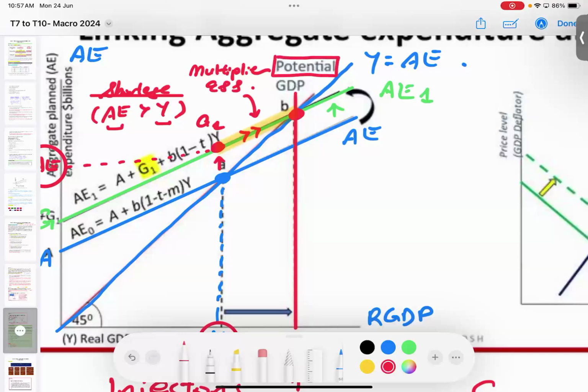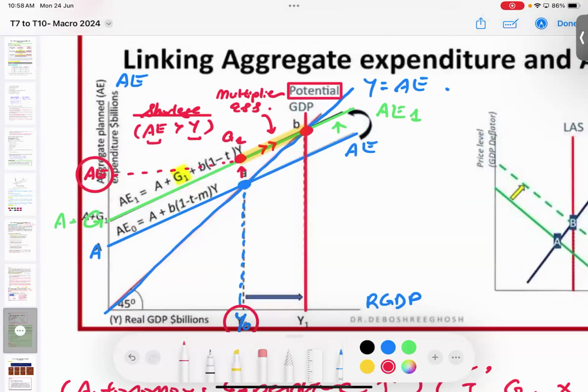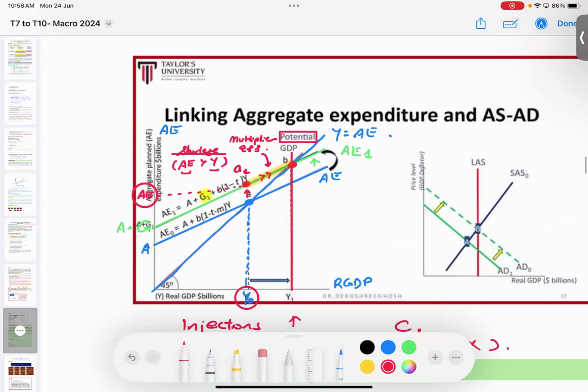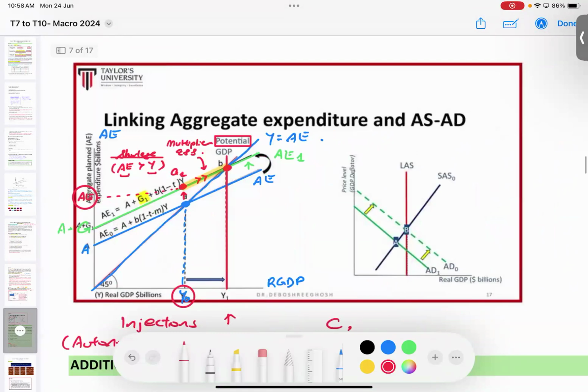So that means the economy goes back to full employment after the injection by the government when the country is having the recessionary gap. This can be represented by the rightward shift of the aggregate demand curve from point A to point B, back to full employment.